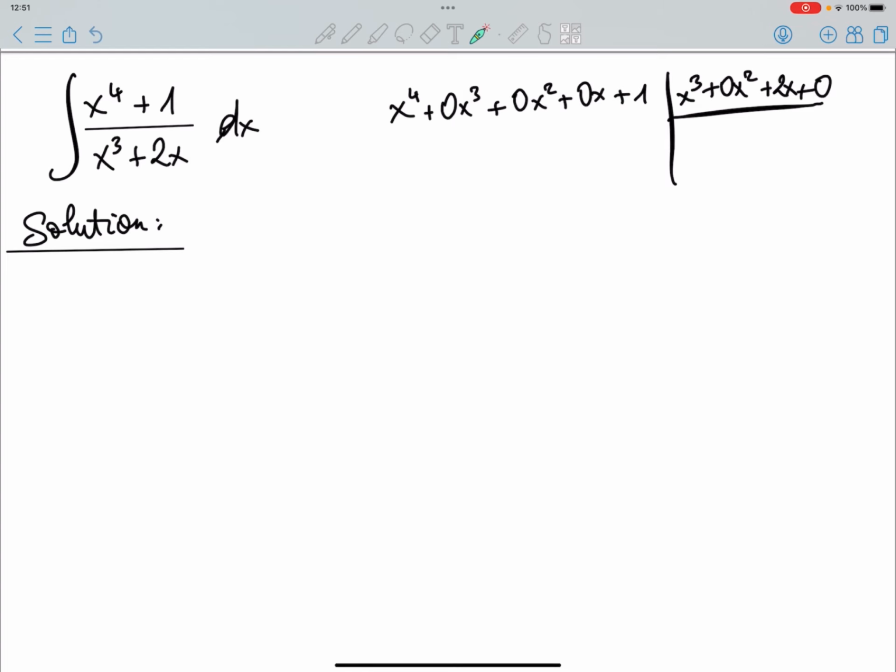So x to the fourth divided by x cubed is equal to x, and then we multiply x by this.